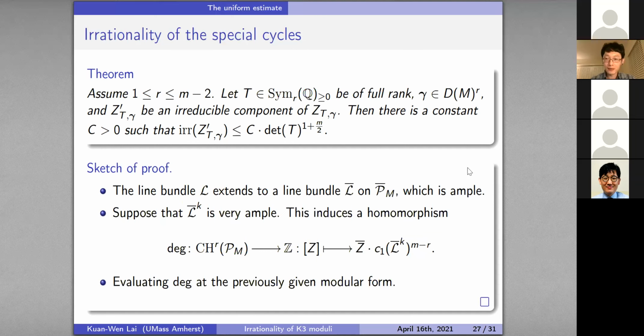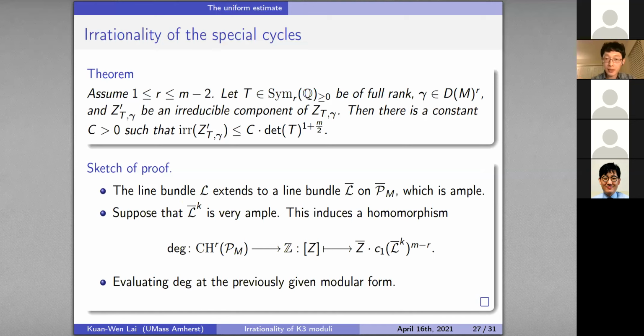Because this is a homomorphism, you can safely evaluate this degree function at the previously given modular form. So you get a modular form with coefficients, not just in special cycles, but integers. And then you can use the previous estimates about coefficients of modular forms to obtain these estimates on the degree of irrationality. Okay, everything is similar to the Heegner divisor case.